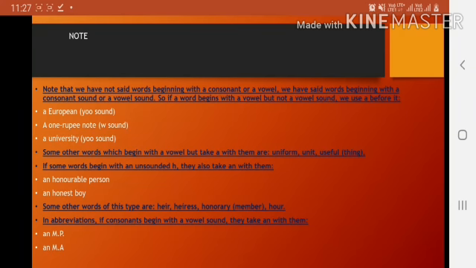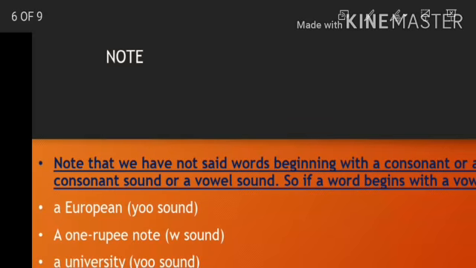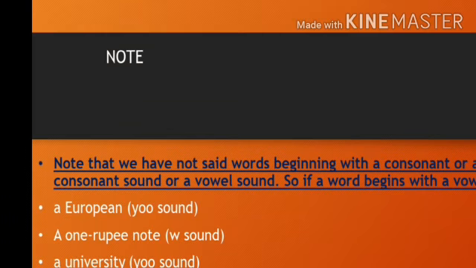So as you can see here the word European starts with E and E is a vowel, but the sound is U, Y double O, European, a European. तो देखो यो वाई डबल ओ, वाई इज अ कॉन्सोनेंट साउंड, अंडरस्टूड.